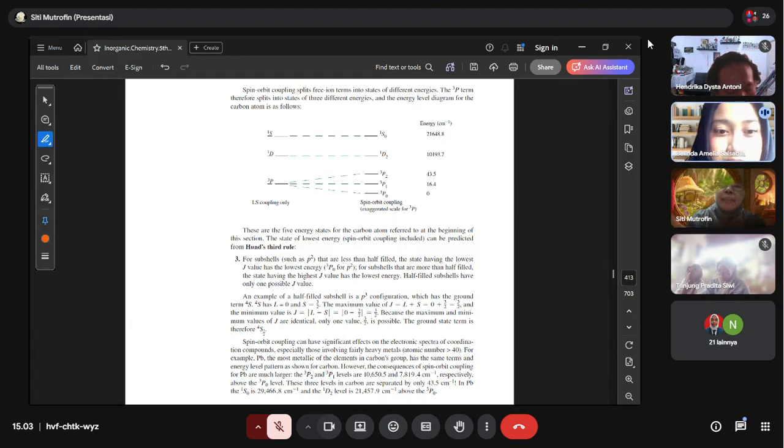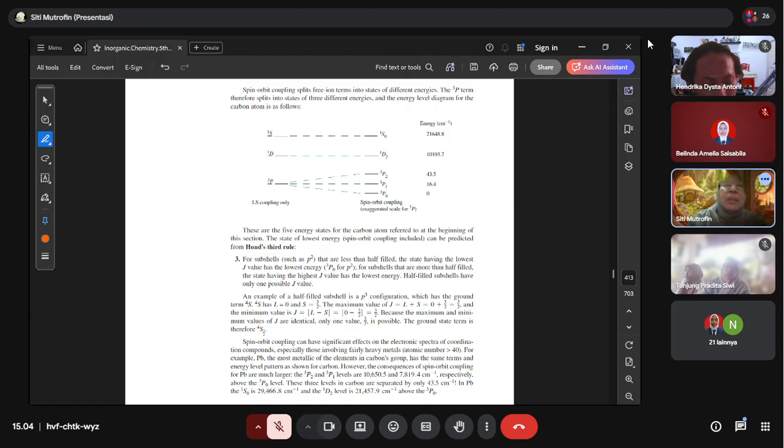Yes, I understand. So, does anyone in the class not understand why the 3p reduced into 3 other 3p complete free ion symbols? The arrangement starts from 3p0, 3p1, 3p2.